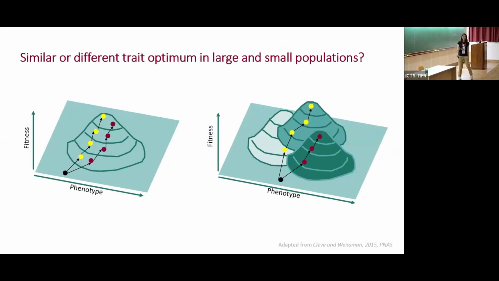Initially, when we were analyzing this data, I thought that small populations might, because of the strong effect of drift, not be able to respond at some alleles. So they may sit at a different fitness optimum, just because drift really disturbs a lot of allele frequencies.